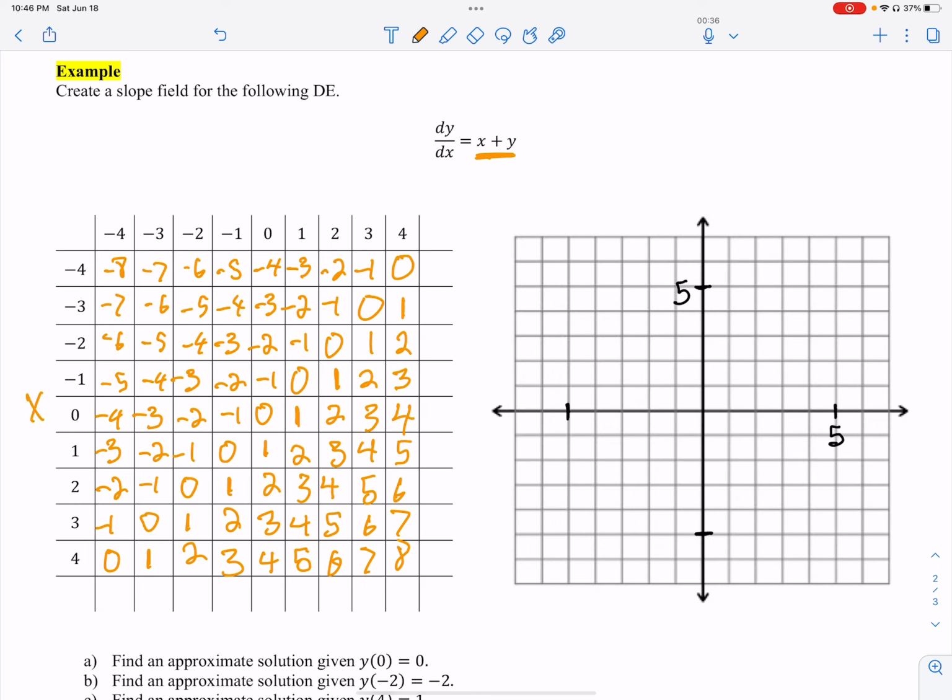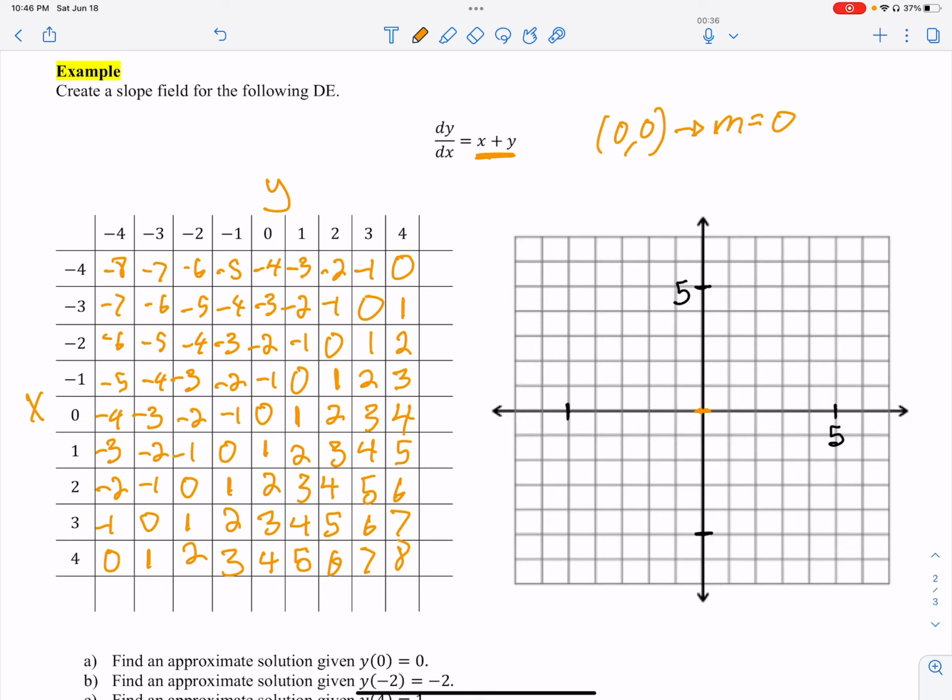Let's let this be our x, this be our y. And what we're going to do is all these numbers represent the slope at each point. So, for instance, at 0, 0, if we use this table, this tells us that m is 0, because when I add them, I get 0. So we're going to put a small flat bar; that tiny line has a slope of 0.